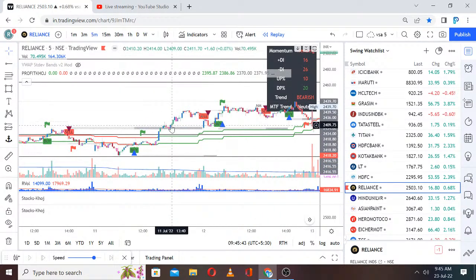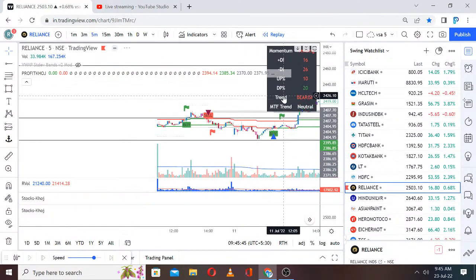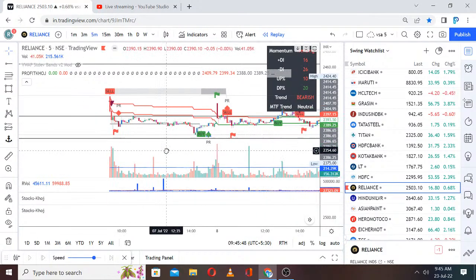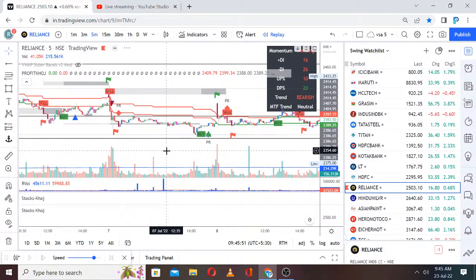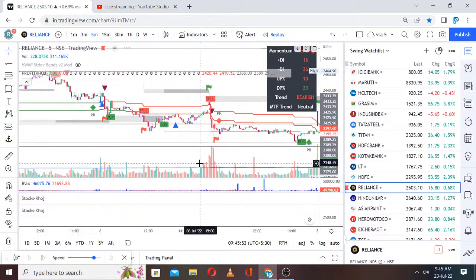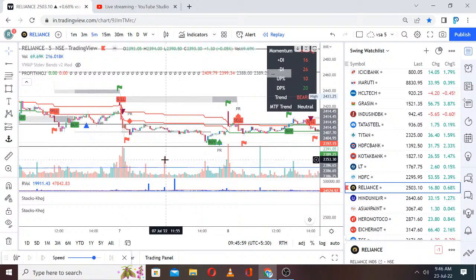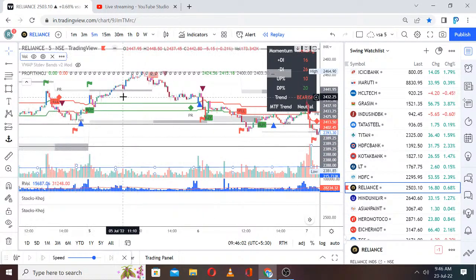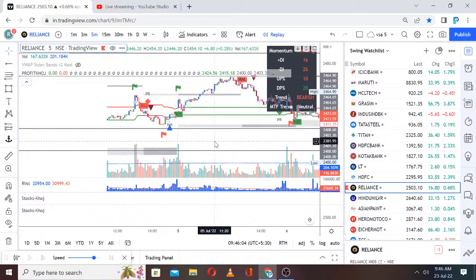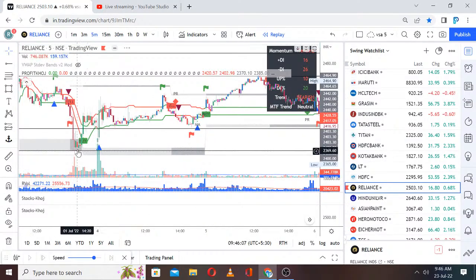So this was my entry here. And this was my entry. You see, after the fifth rejection from the fifth zone, flag was confirmed here first, but the gray area was here, so I waited. And here, after the gray areas were broken, I entered normally as I entered in the intraday.